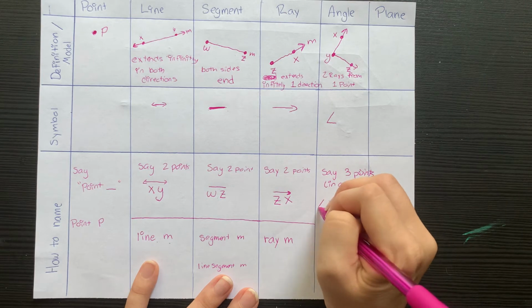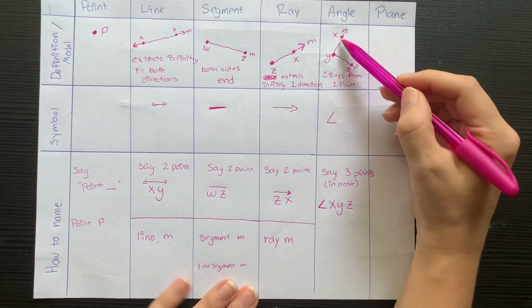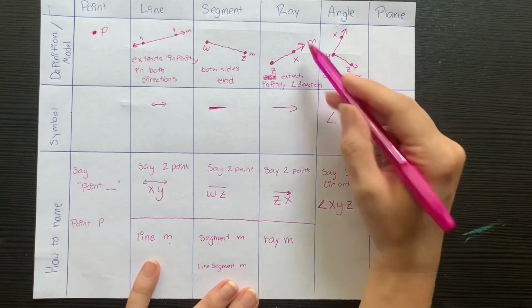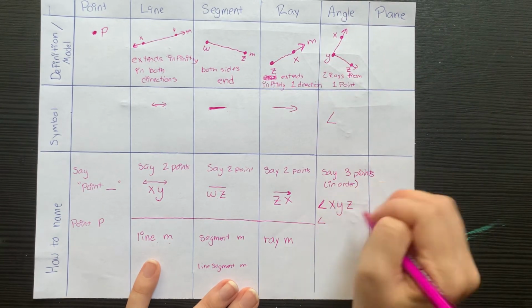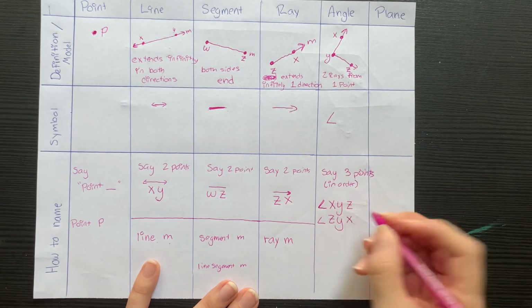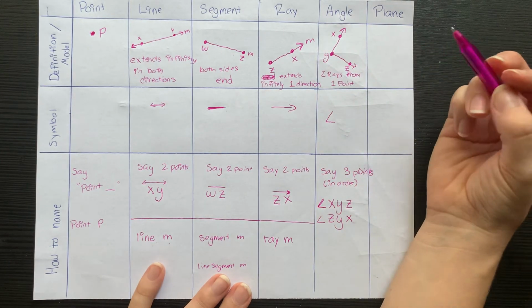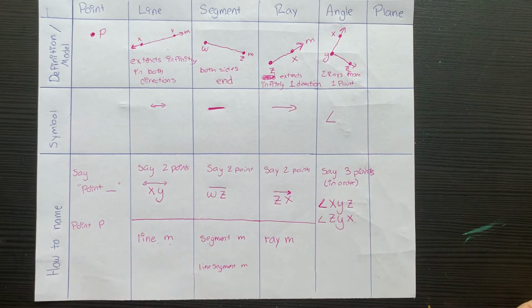We're going to put it in front of it. So this is angle XYZ. You can go the opposite order. So you could go Z, Y, X. That's perfectly fine, as long as the Y is in the middle, because it's the middle point. So those are both good names.